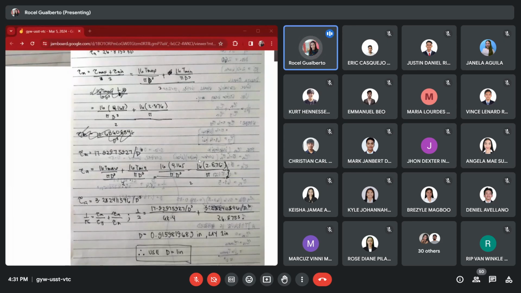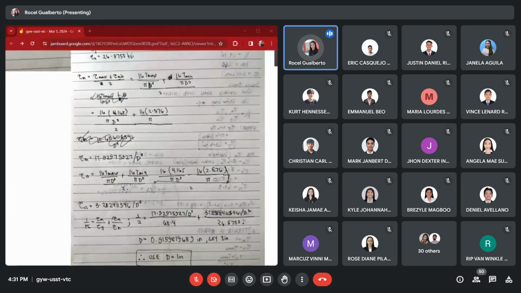Okay, so just a comment lang po on yung work po ni Emmanuel. Although this is still correct naman po, better to have a value of your tau maximum, tau minimum, have it answered muna po, para po iwas din tayo doon sa mas prone na pagkakamali.